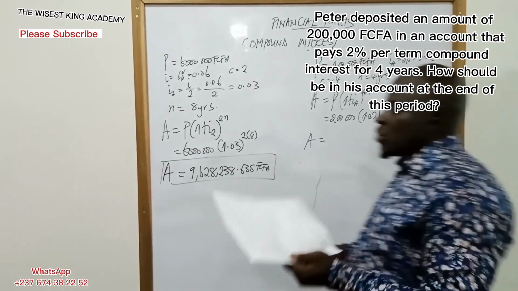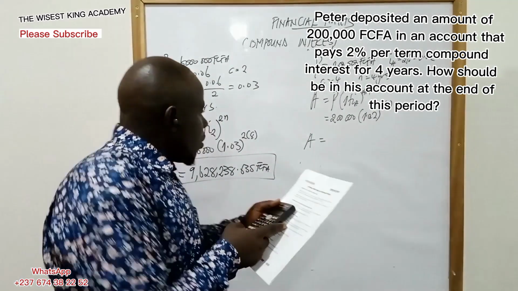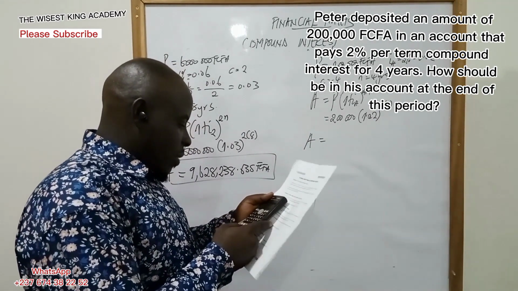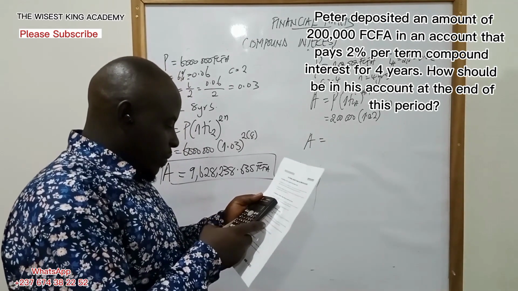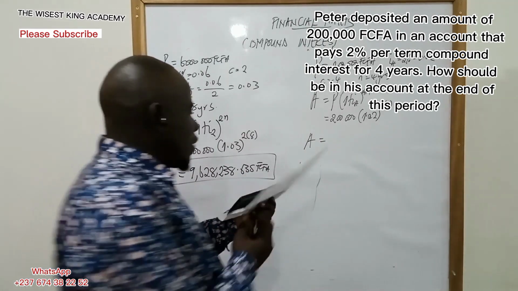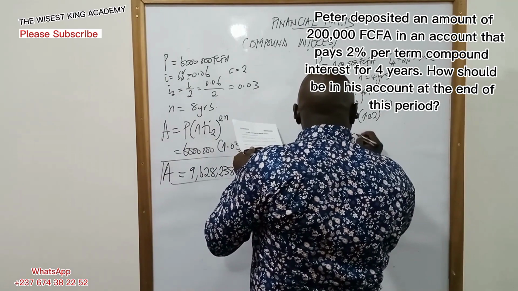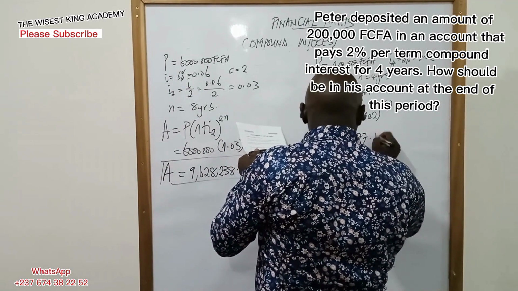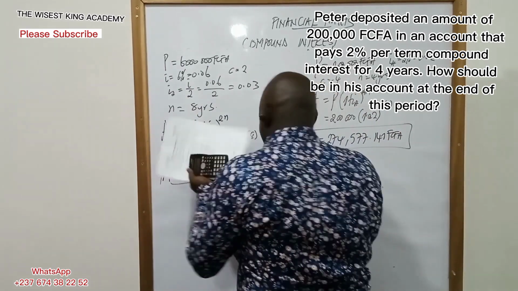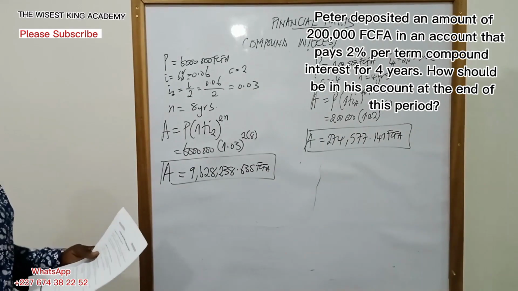So A in this case will be equal to 1.02 raised to the power 16 times 200,000, which is 274,577.141 francs CFA. That is the acquired value.